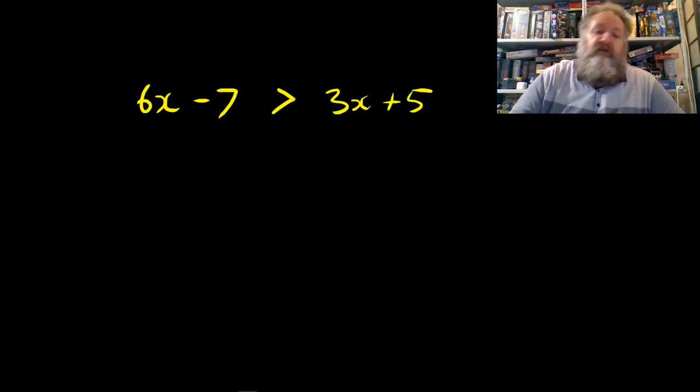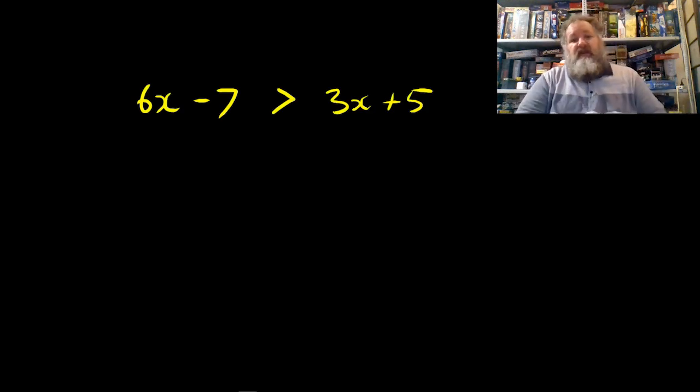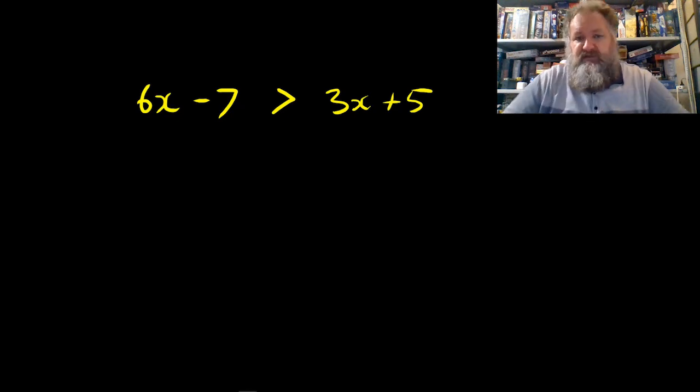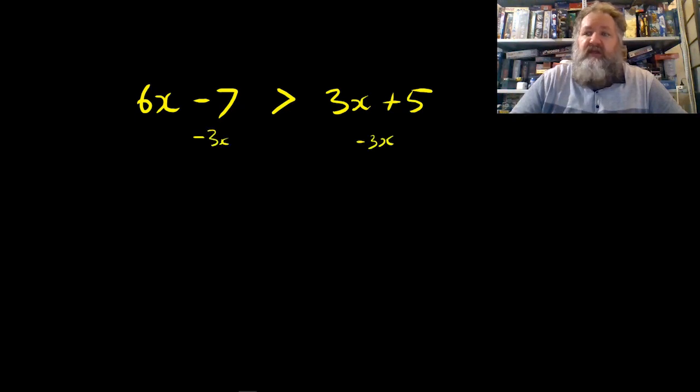Let's have a look at another one. That was a really easy one. What about this one? 6x minus 7 is greater than 3x plus 5. Well, now I've got unknowns on both sides, so I have to do a little bit more thinking. I want to shift one of the unknowns, so I'm going to take 3x from both sides. I'll get 3x minus 7 is greater than 5.